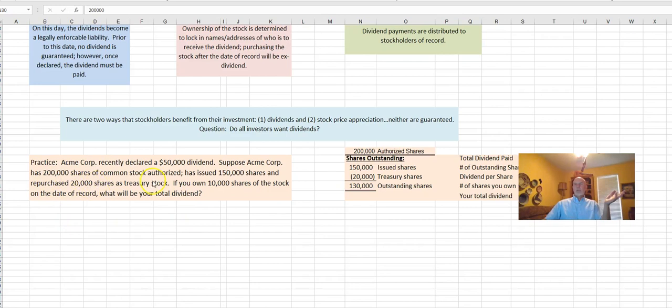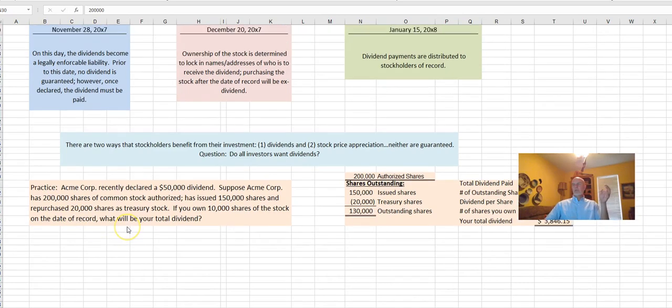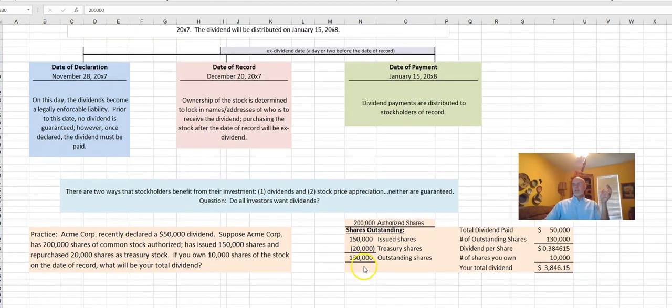Suppose we had 200,000 shares authorized, 150,000 shares had been issued, but 20,000 had been repurchased as treasury stock. That means there's still 130,000 shares outstanding.